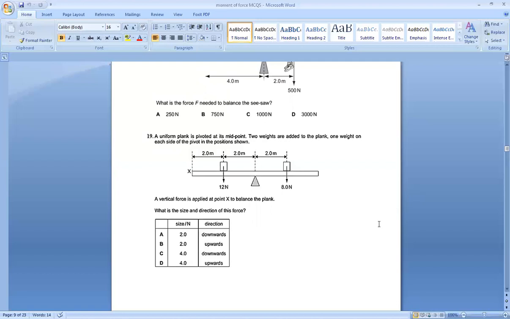One is producing clockwise, the other is anti-clockwise. So 12 Newton is producing more.